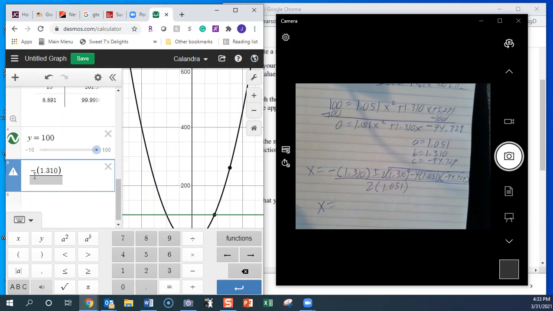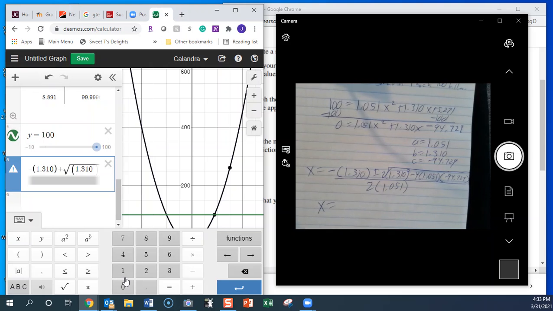Now listen, I'm just going to do the plus, not the minus yet. So it'll be plus the square root of 1.310, close your parenthesis, and we will square that.